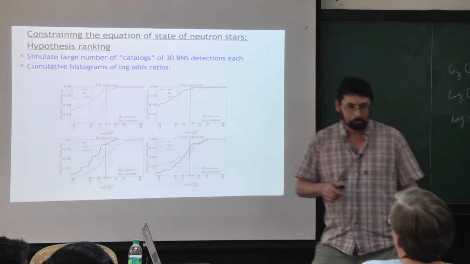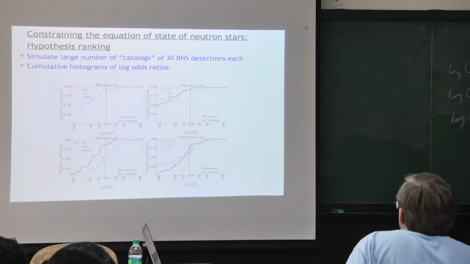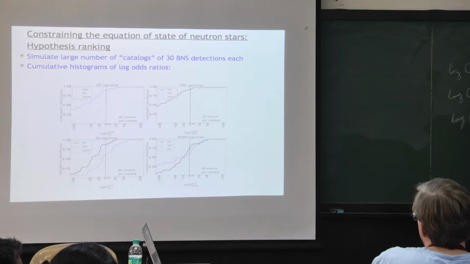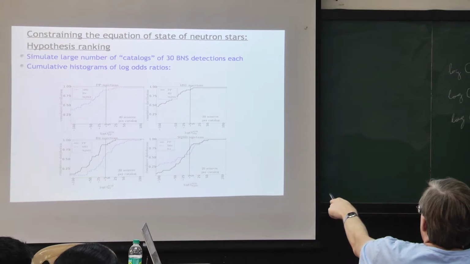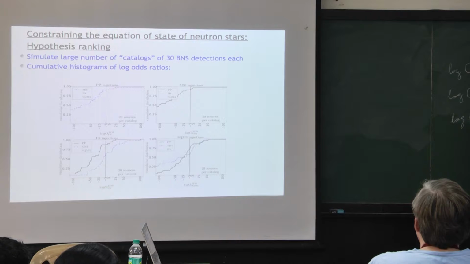So yeah, the numbers you have here bug me a little bit. If you look at the bottom right diagram, we've got an SQM3 injection, and you're looking at the point particle versus these other models. It looks like there's a 10 or so percent chance of having a log odds ratio of plus 25 or greater.